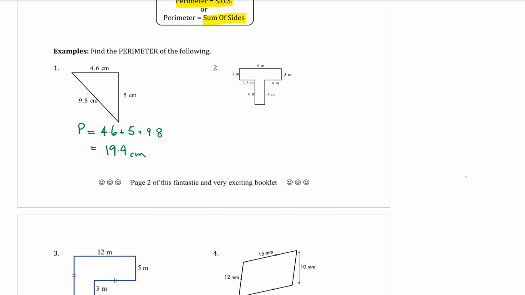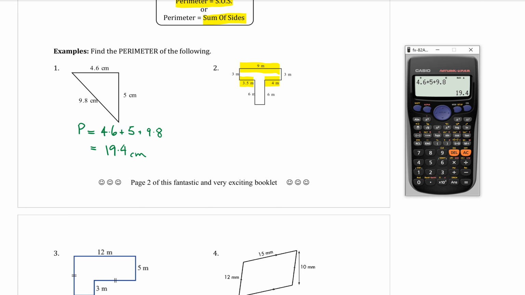We've got 9 centimeters going all the way across there. If I subtract off 3.5 and 4, I would get what I need. So let's just use our calculators, and we'll go 9 take away 3.5 take away 4, and that tells us that that little side of the bottom is 1.5 centimeters.